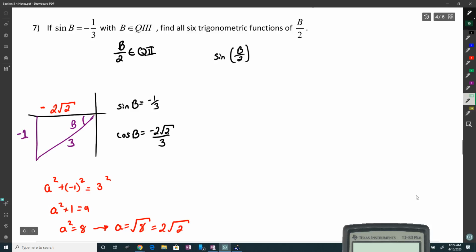But this angle is in quadrant 2. And in quadrant 2, sine is positive.